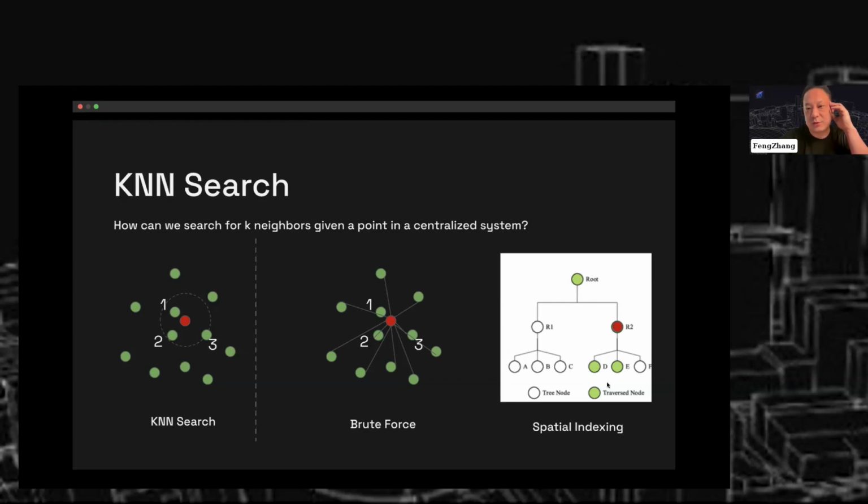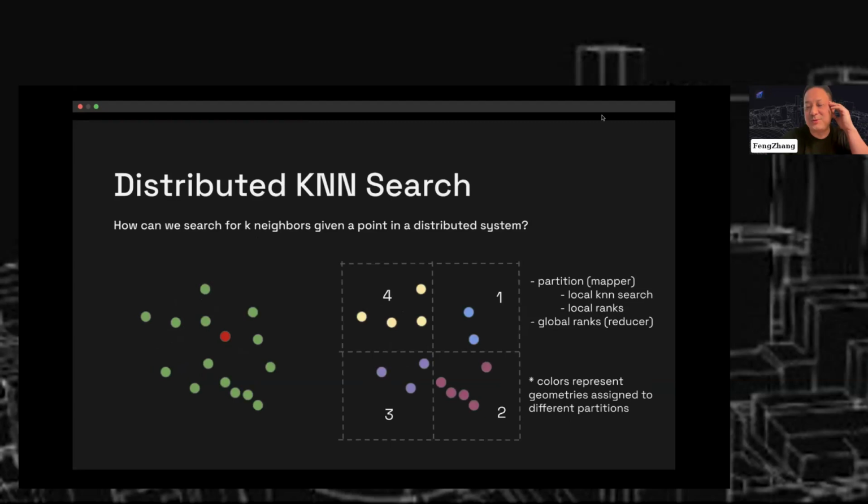For the KNN join, we can do both. There's nothing preventing you from doing a brute force join that way, right? But our approach needs to be scalable, so I'm going to talk about how we do that. An easy way to think about this: if the join is not efficient on a global scale, how can we partition our object dataset, those geometries, into different partitions?